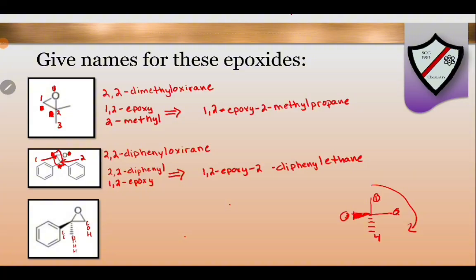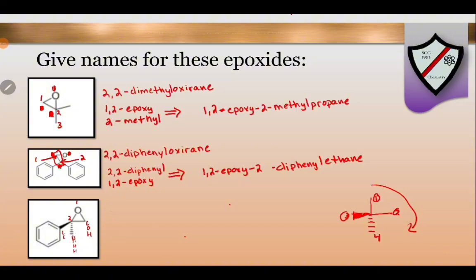So now I'm really equipped or ready to handle answering what the name of this guy is. If it's a substituted oxirane system, oxygen is number 1. This is the more substituted position as number 2. So we would see a 2-methyl 2-phenyl, and M comes before P in the alphabet. I had to think about that one.